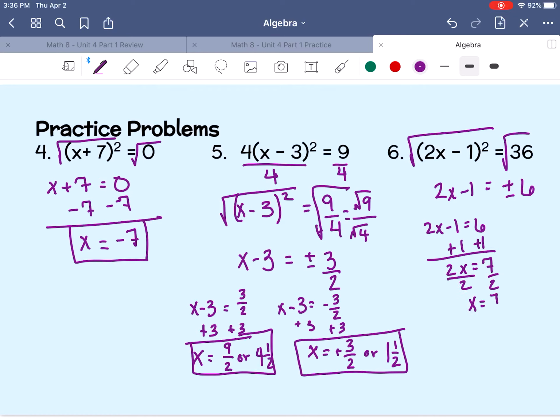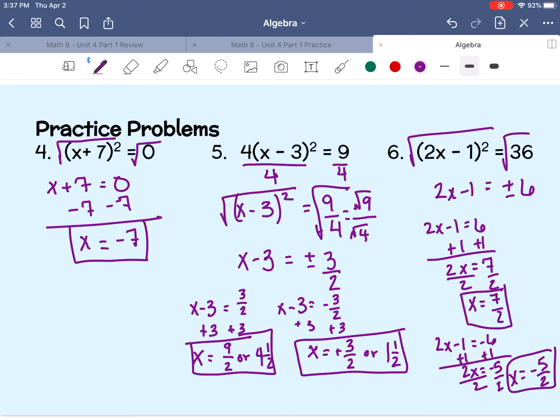So x could equal 7 over 2. Okay. And 2x minus 1 could equal negative 6. So x could equal negative 5 over 2. Now, just a reminder that any of these can be in their decimal forms, that's fine.